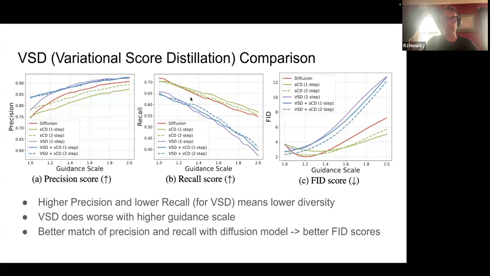Because if you'll notice, the diffusion teacher model and the models that they built are very close to each other in these cases, both for precision and recall. So you end up having a very similar FID score as well.